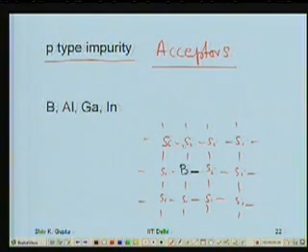For this, electrons can come from the neighborhood. And from how far can this electron come? That can be worked out in the same manner as we worked out for the phosphorus. That is the distance of the orbit from the nucleus.